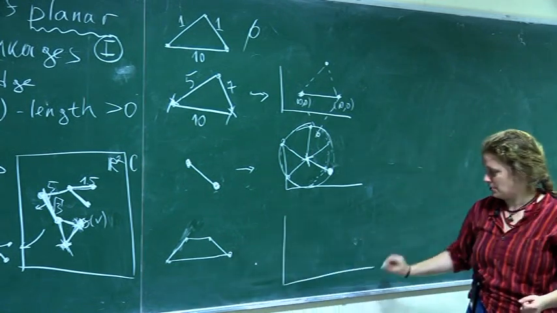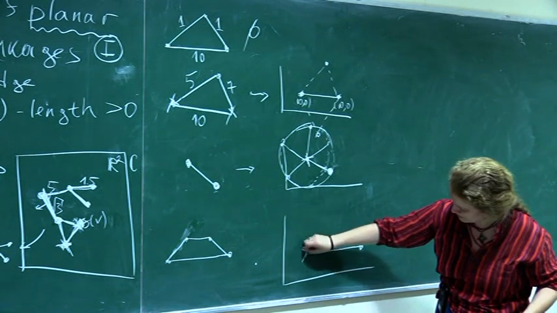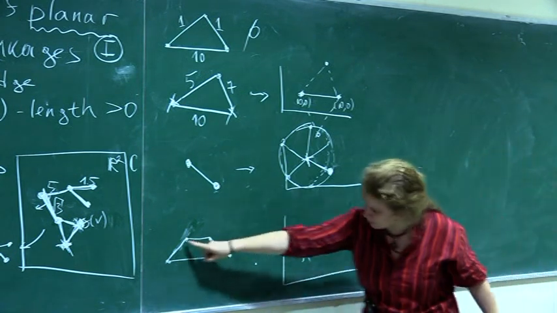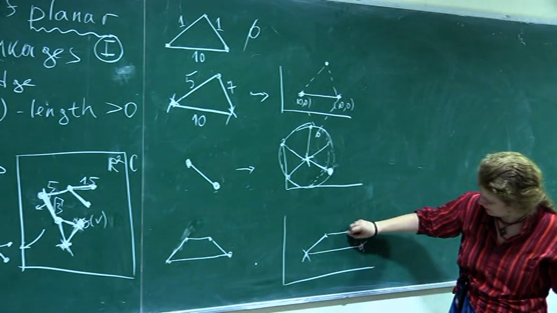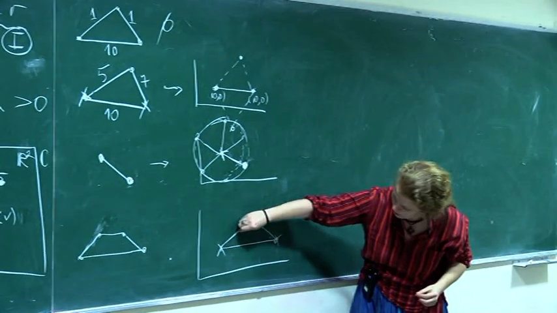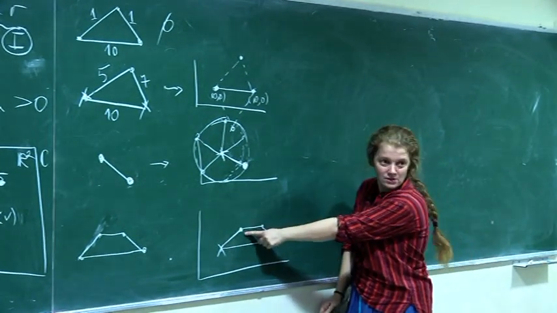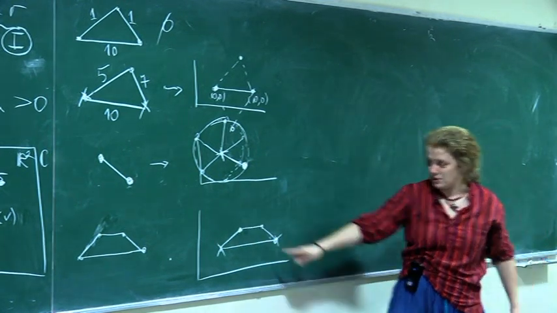These two vertices can travel on our plane. What is the geometric locus of all possible positions of this vertex?